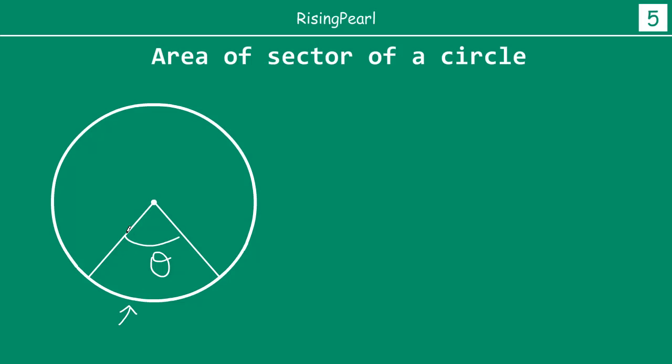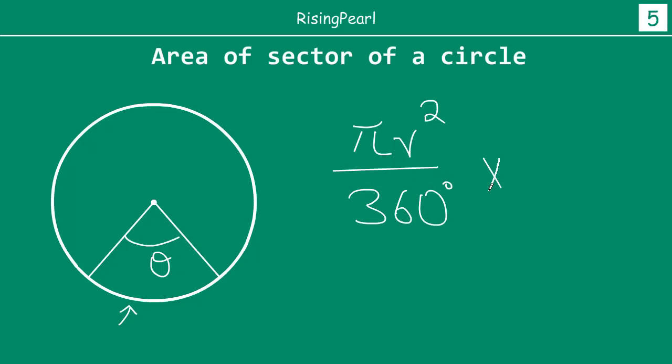That means the area covered by this part which is enclosed in here will be pi r squared, the whole area of a circle, divided by 360 times theta. This is going to be the area of a sector of a circle.